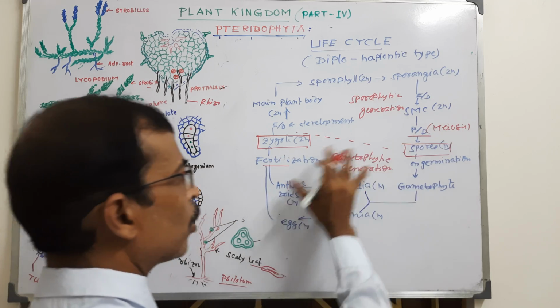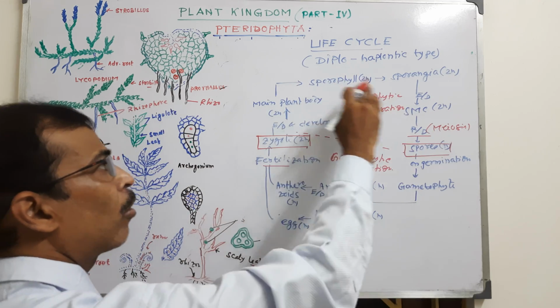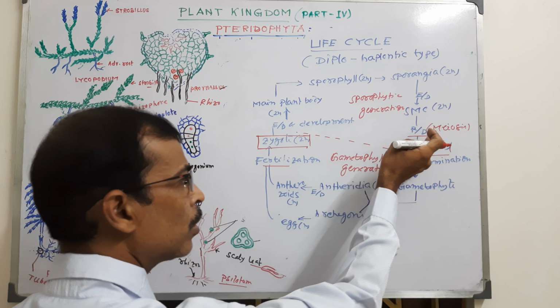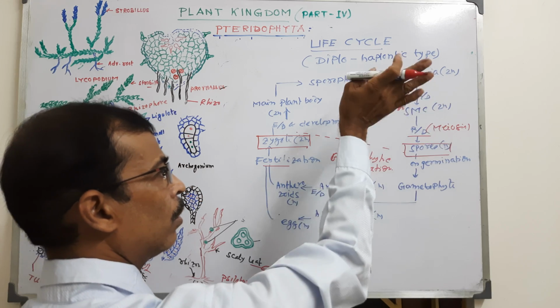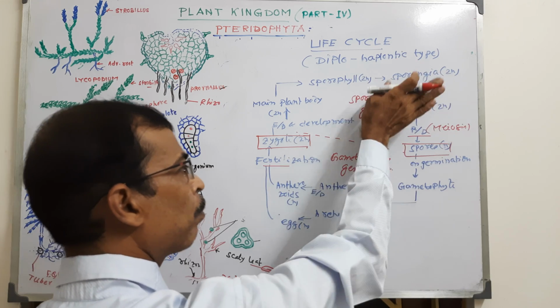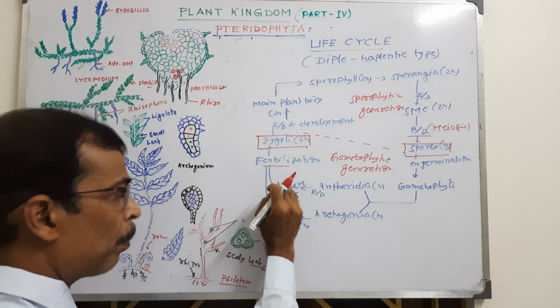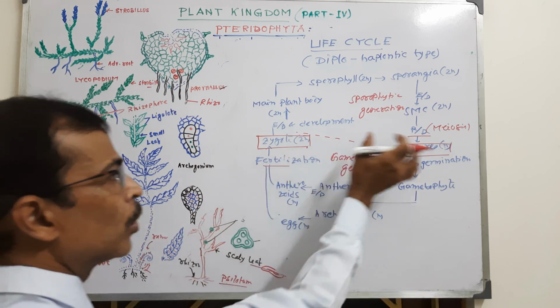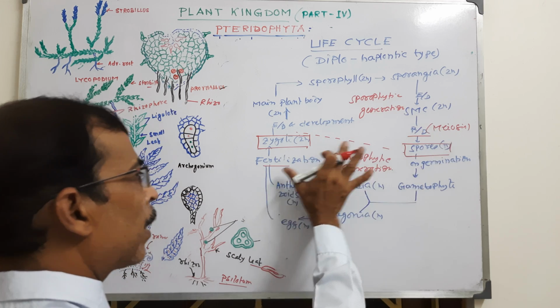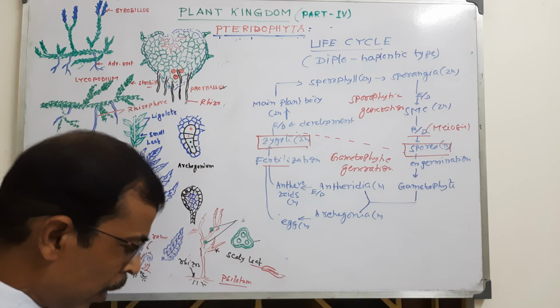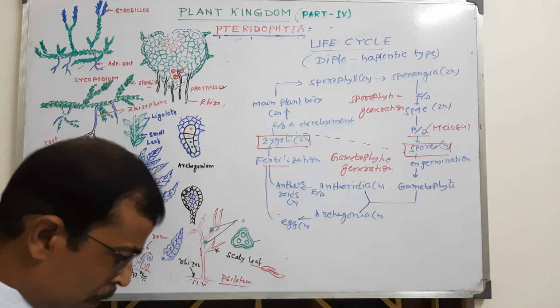Fertilization and meiosis are opposite phenomena in an alternation of generation, because meiosis takes the plant from the diploid stage to the haploid stage, and fertilization takes the haploid stage to the diploid stage. So these two phenomena, fertilization and meiosis, are the alternating phenomena of a life cycle.